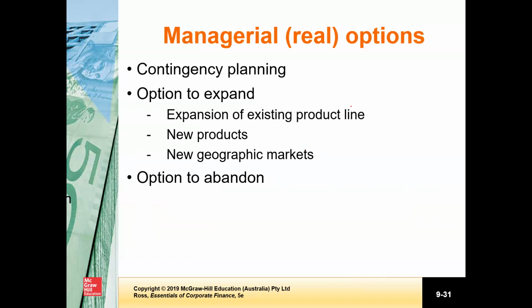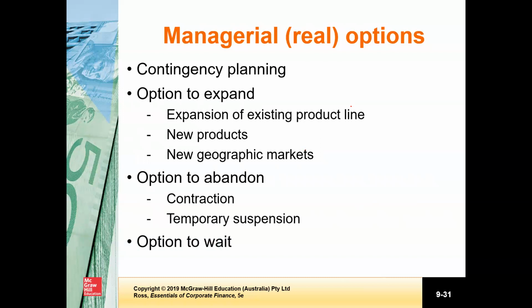Okay, the next point we are going to talk about is managerial or real options. That's our final task in this chapter. In our capital budgeting analysis thus far, we have more or less ignored the possibility of future managerial actions. Implicitly, we have assumed that once a project is launched, its basic features cannot be changed.